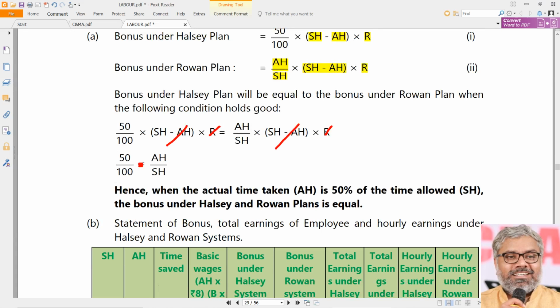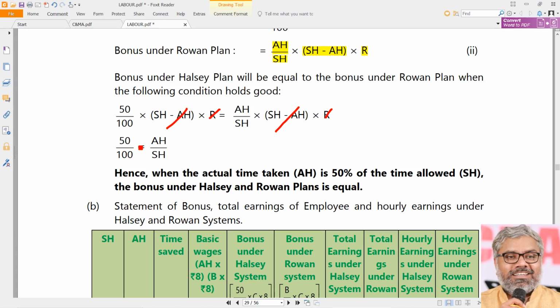In other words, the bonus under Halsey and Rowan plans will be equal only when the actual time taken is 50% of the time allowed. So what is going to be the actual hours here?